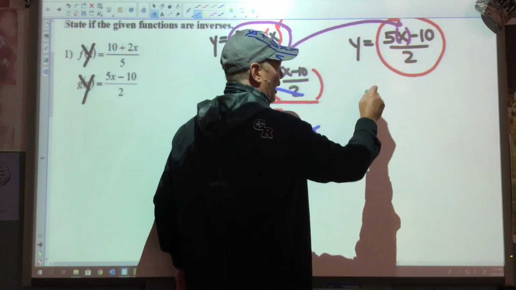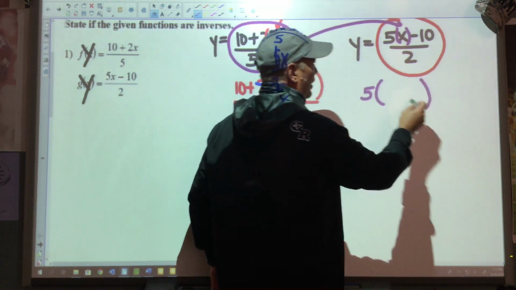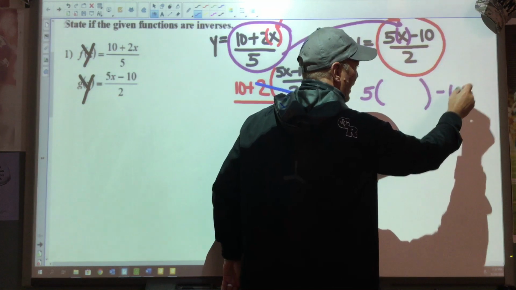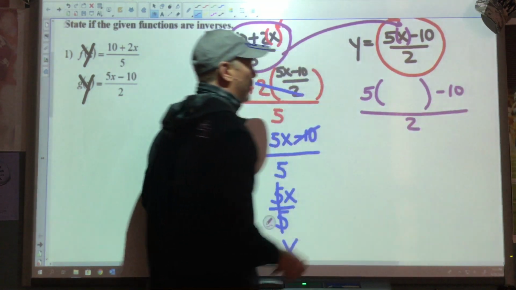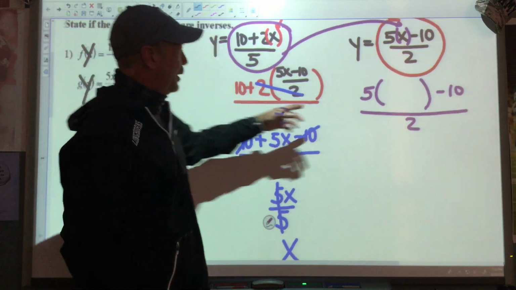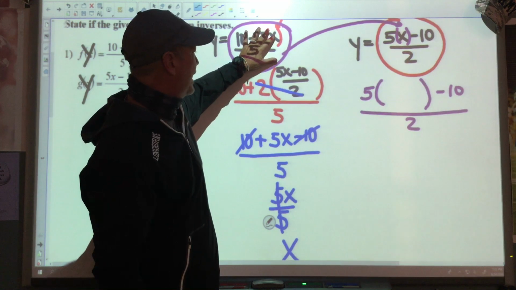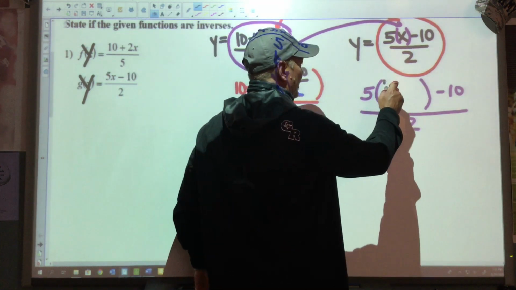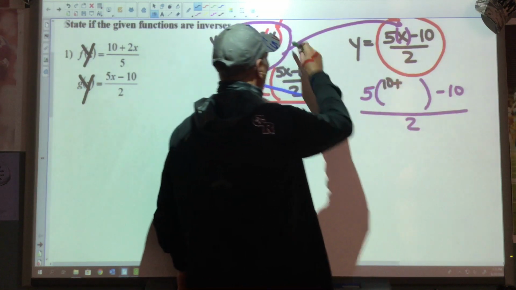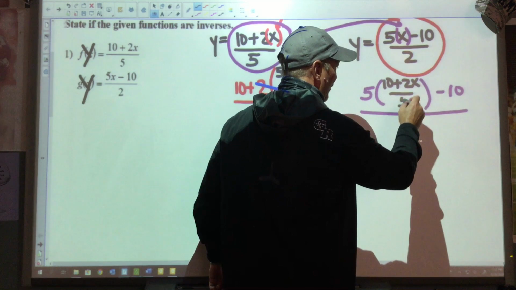This says 5 times something minus 10 divided by 2. What did we say we were going to put inside this parentheses? This entire piece. We got it. 10 plus 2x divided by 5.